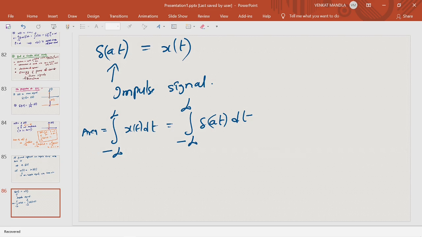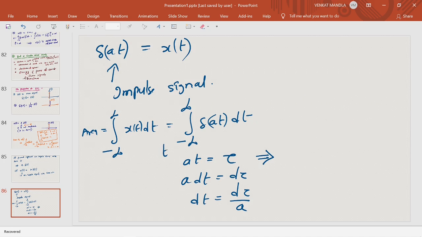I don't know what del of at is, so I will change the variable t here. Let at equal tau, so a dt equals d tau, dt equals d tau by a, and the limits also change. Why?